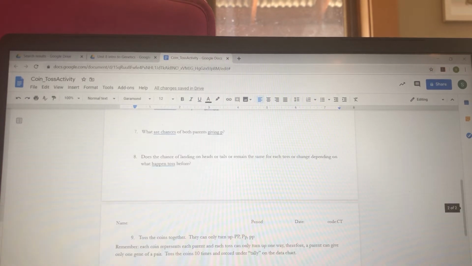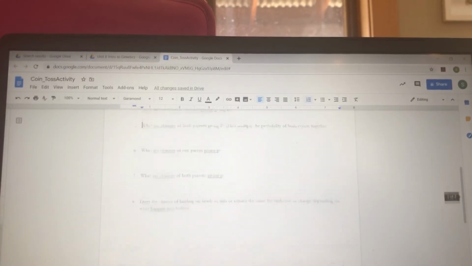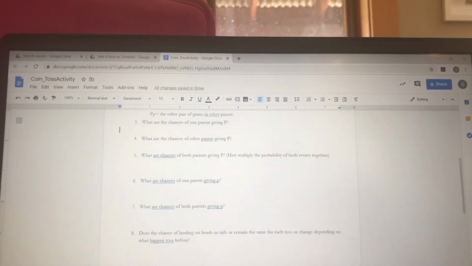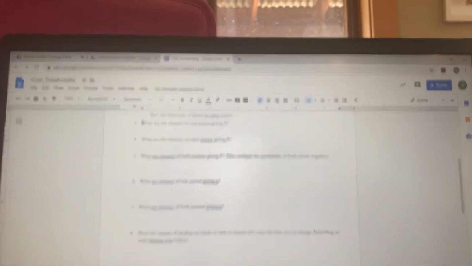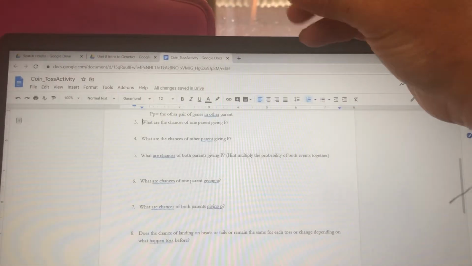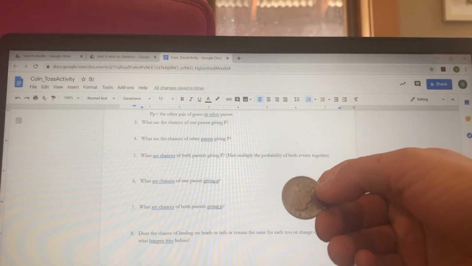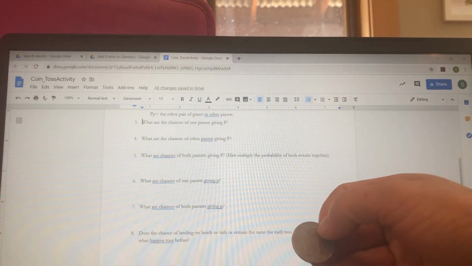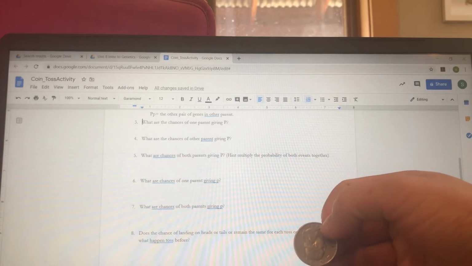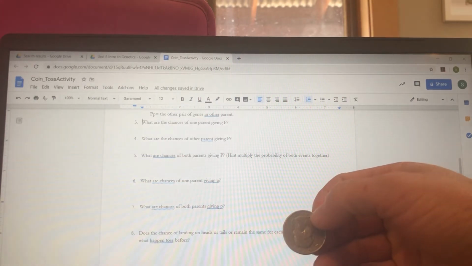The first question says, what are the chances of one parent giving a big P? Here is mama, and we flip her, just as if she had a normal cell and needed to separate her alleles, the big P and the little p, for meiosis.